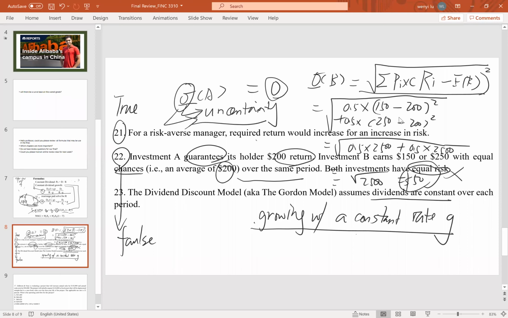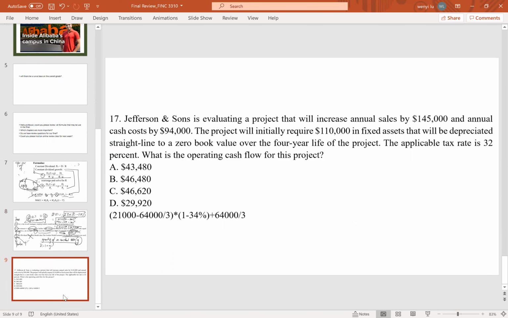The dividend should be increasing with 1 plus G for any time, so it grows with the G rate. Dividend itself is growing higher and higher with time. Dividend itself is not constant, but the growth rate is constant. So this one is also false. So 21 is true, 22 is false, and 23 is also false. If you have any questions about these statements, let me know. Let's go to the next questions.